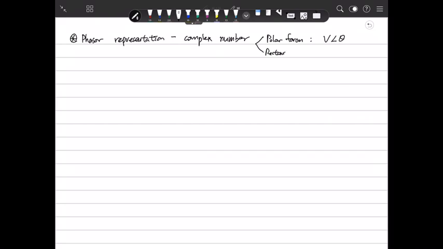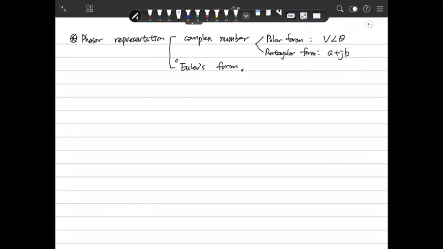Now the rectangular form, for example A plus jB in this manner. Here I want to introduce another form of phasor representation. That is the Euler form. The same thing, but a little different.